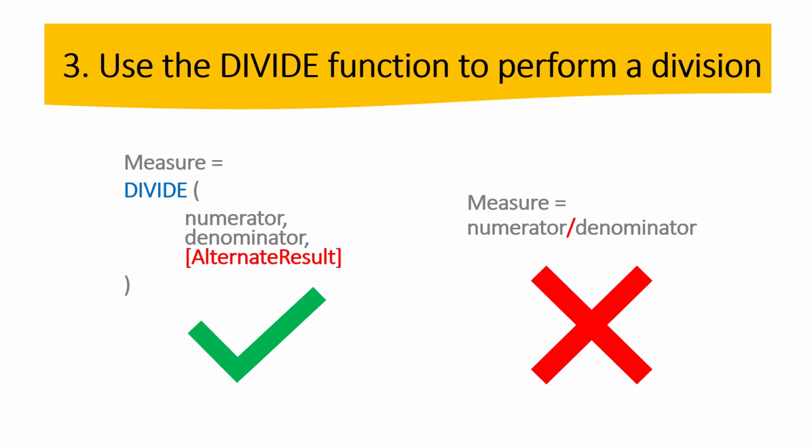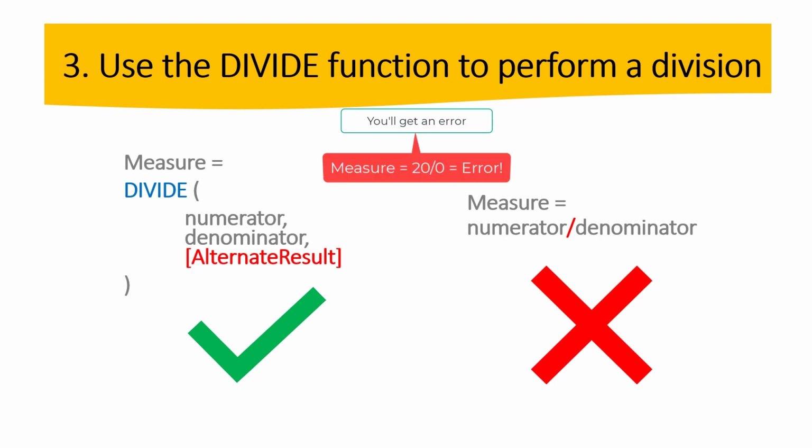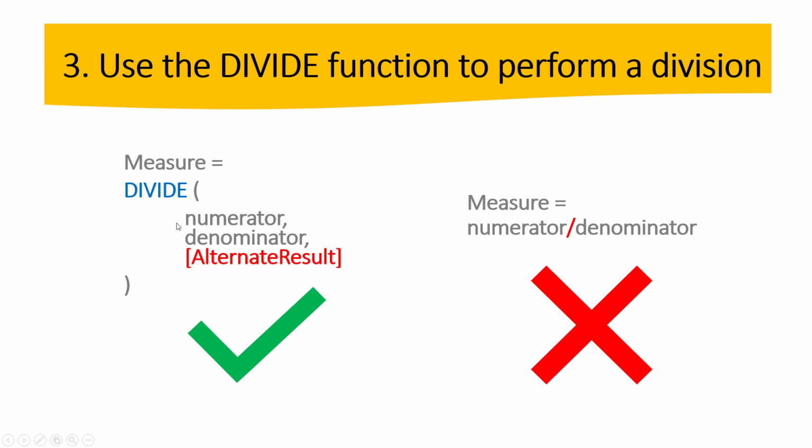So what happens if the denominator is 0, for example? You can handle this beautifully by using the divide function. Why? Because there is a third option here, which is the alternate result. So if the denominator is 0, just give me 0 instead, for example.